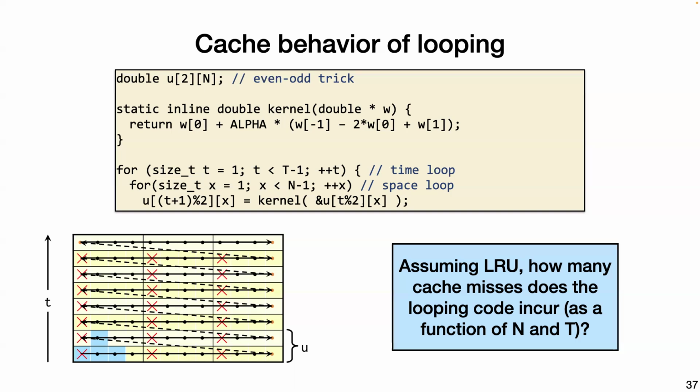And the kernel is just the equation that we said before. Since it's in 1D, minus 1, 0, and 1, and you index it by pointers, like u and then x. Does this make sense to everyone?